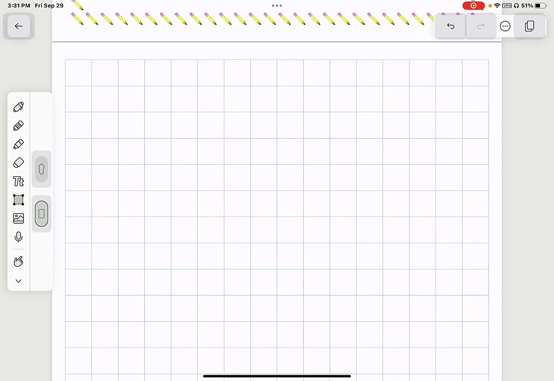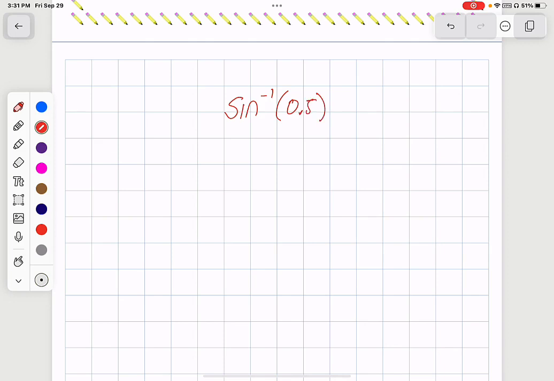First of all, if you are given the problem inverse sine of 0.5, or 1/2, you would immediately know that that could only equal 30 degrees, because the only thing in the inverse sine function that can have a sine of 0.5 is 30 degrees.